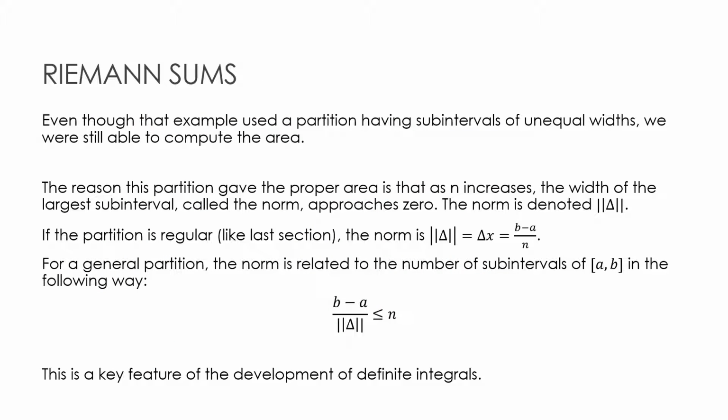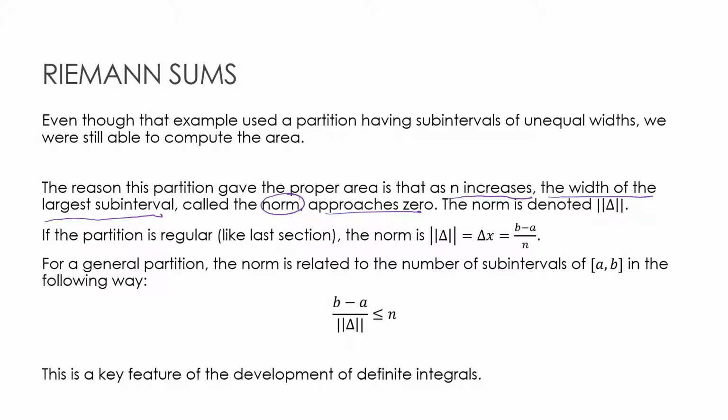So if you'll notice, even though I kind of threw in a curve and said, hey, we don't have equal intervals anymore, everything else is exactly the same as what we did in 4.2. And the reason that was okay is that as n increased, the width of the largest subinterval, which we call the norm, approaches 0.